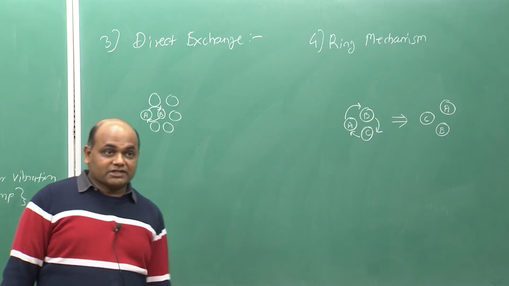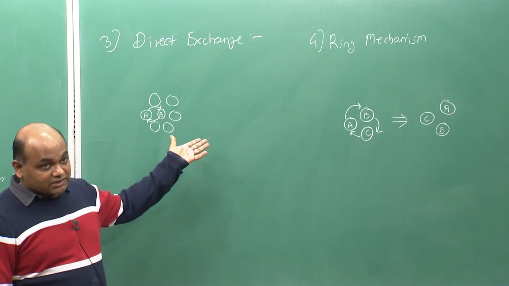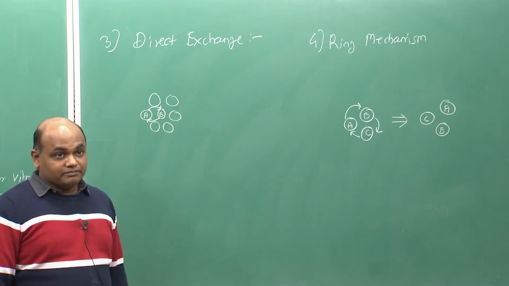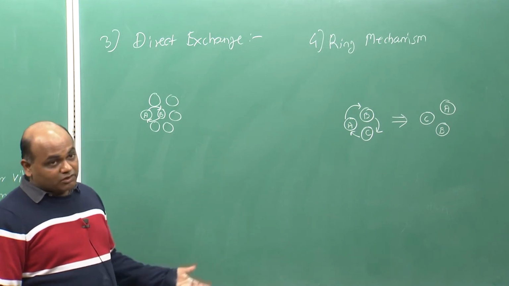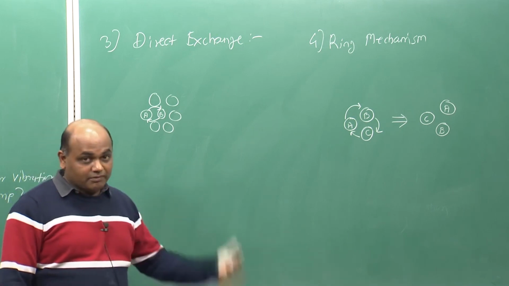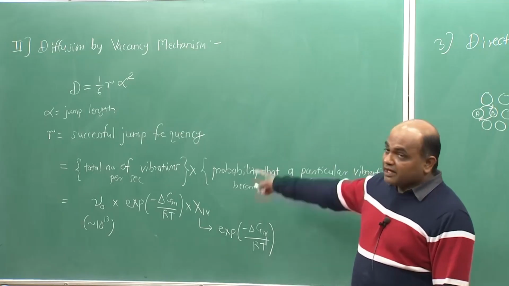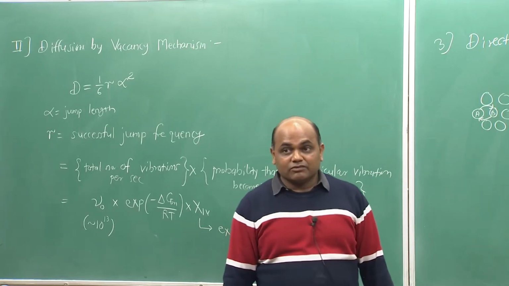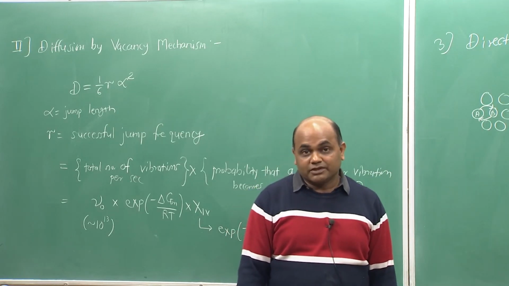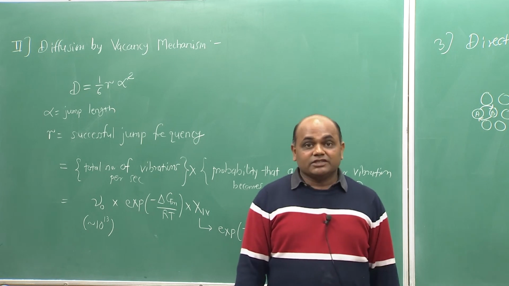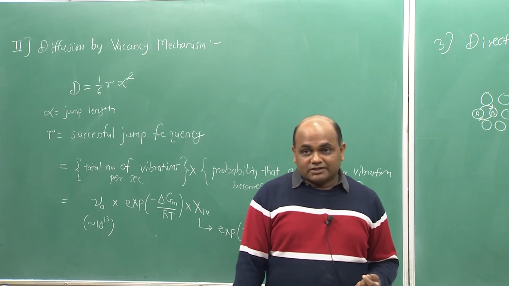Because of the high activation barrier, the probability of such jumps would be very low, and so the net contribution from these mechanisms will be very low. So, the most important mechanisms are the vacancy mechanism for substitutional diffusion or self diffusion, and the interstitial mechanism for interstitial diffusion.